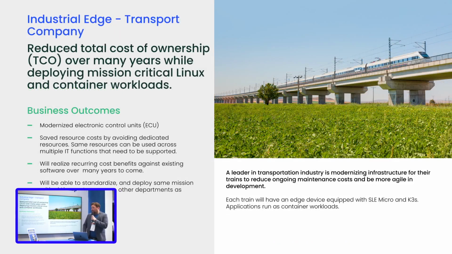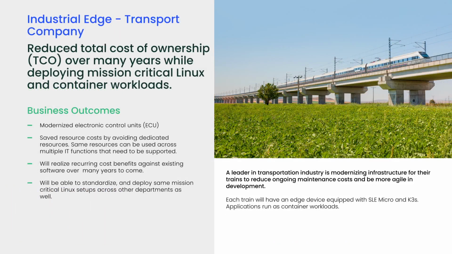We have a big French train company who is running Kubernetes on trains. Not for anything that is critical for driving the train, there's regulation there, but for everything that is board information systems, like the screens you see in the train that tell you what the next station is. This is all managed by Kubernetes.